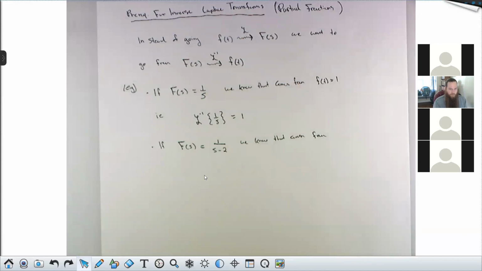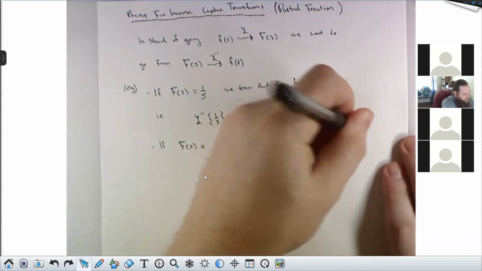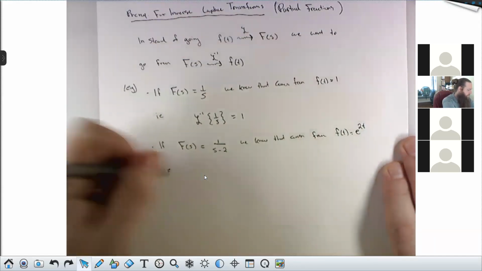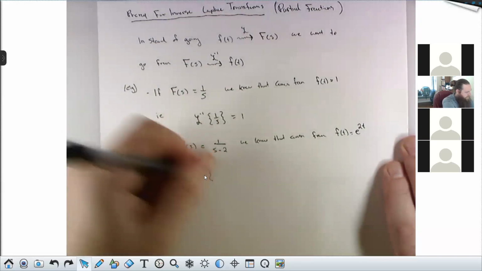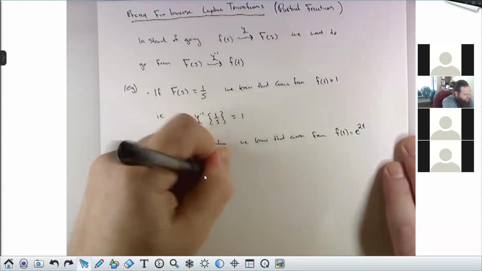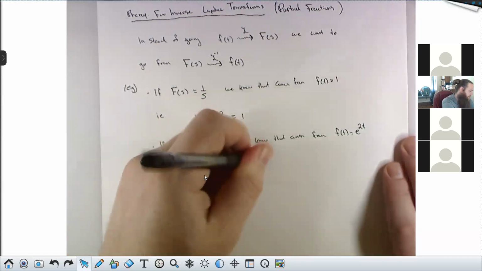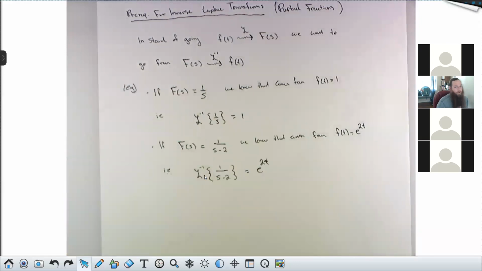So this is 1 over s minus 2. So this must come from f of t equals e to the 2t, which can be said, in the language of Laplace inverse transforms, the inverse Laplace transform of 1 over s minus 2 is e to the 2t. I can do more, but I think you guys get the idea, right?